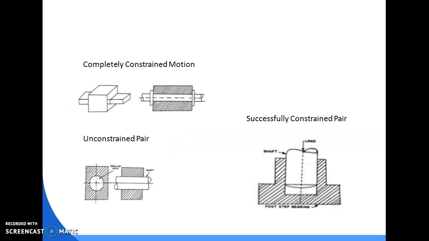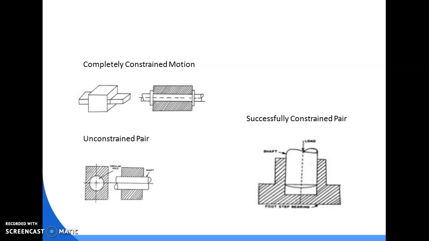In the first picture, we have a square bar inside a square hole. That square bar can only move in one direction, that is the sliding motion, or we can say linear direction. So this is a completely constrained kinematic pair.